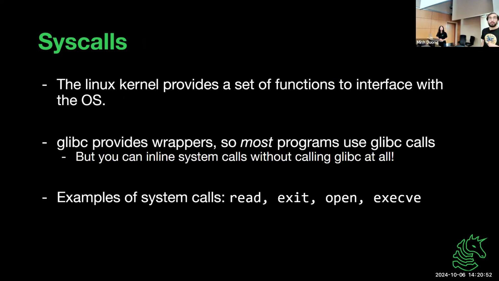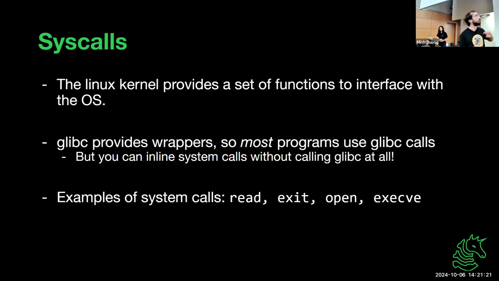Finally, let's talk about syscalls. So we write functions in C to do everything we want, right? Whether it's to have a main function or some function to create objects, etc. But we do call special functions when we want to interact with the computer as a whole or the operating system. These are functions like read or exit or open or execve.